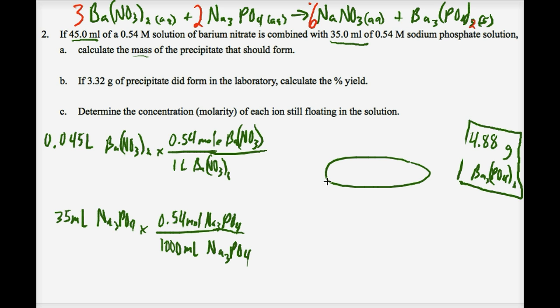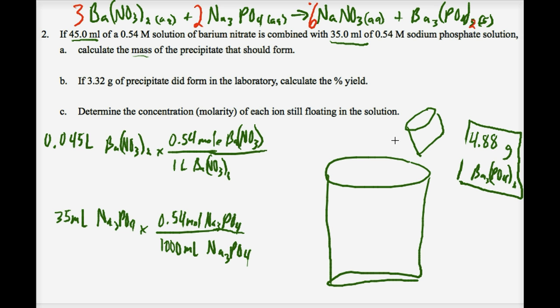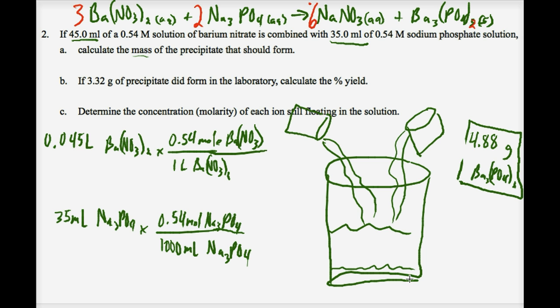And for those of us at home that need a little bit of a visual cue, here's my beaker. I poured in my sodium phosphate, and I also poured in my barium nitrate. And I have my beaker here, and I have the precipitate at the bottom.